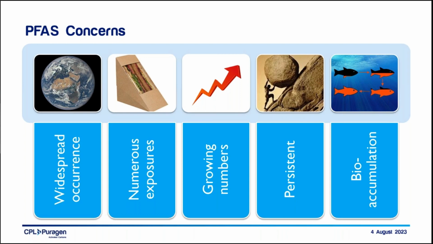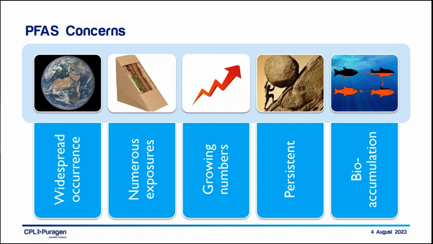Numerous exposures: because PFAS is used in hundreds of products globally, there's lots of opportunity for exposure. A growing number of types of PFAS: the UK Drinking Water Inspectorate have already identified over 5,000 different PFAS substances.